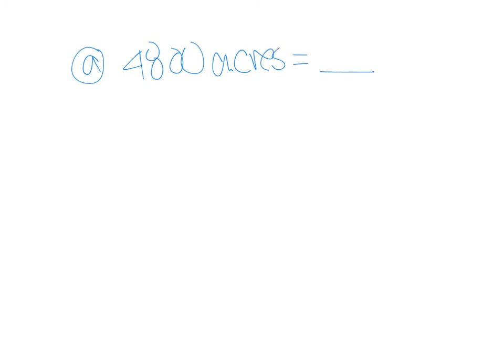So let's look at A. We have 4,800 acres equals how many square miles. So remember, you always want to start with your unit given, and you're going to create your unit fraction. So 4,800 acres over 1.